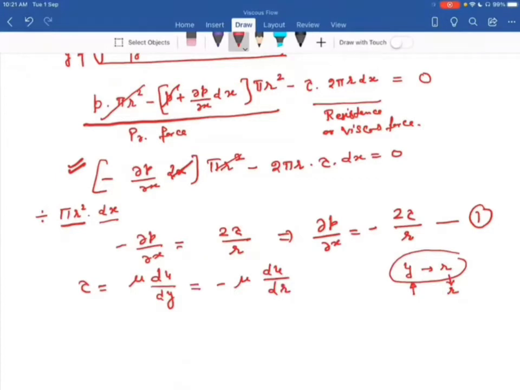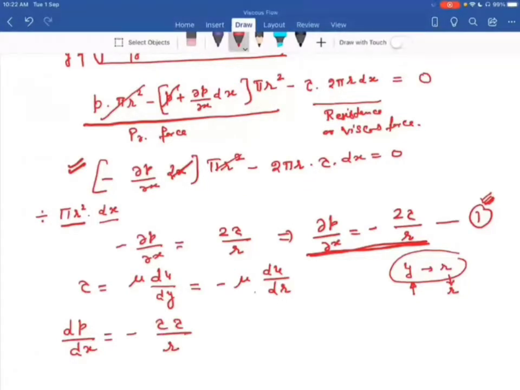Before writing equation number 1, I do one thing more to this relation. The variation of pressure is only along the x-axis and variation in tau is along the y-axis. That means P is independent of y and tau is independent of x. So I can write equation 1 again with exact derivatives: dp by dx equal to minus 2 tau by r.